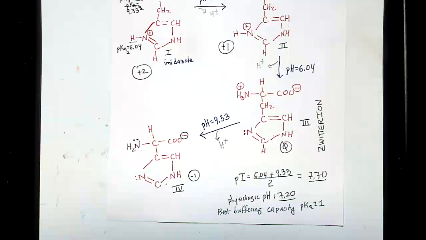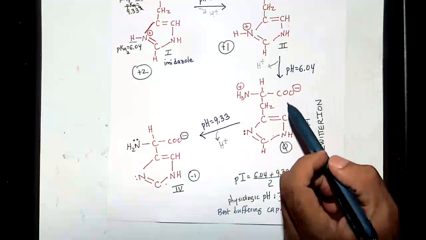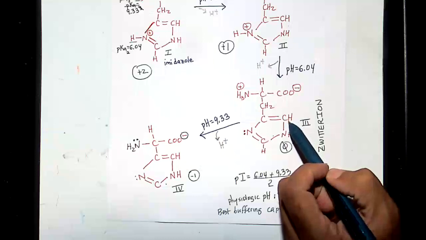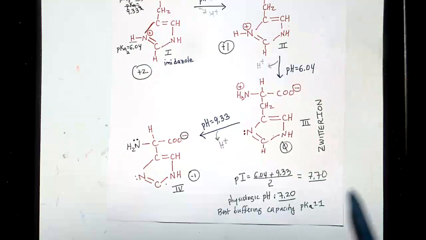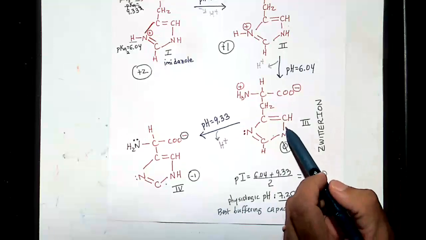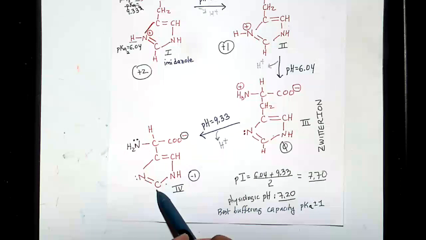So histidine can withstand some fluctuations in pH. If your cell environment gets too acidic, it will shift to form 2, below physiologic pH. If you're above physiologic pH, it will shift to form 4.